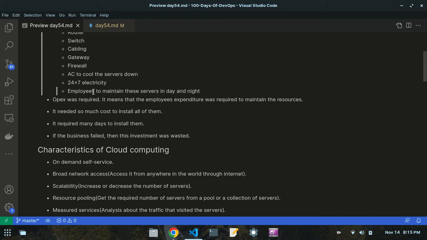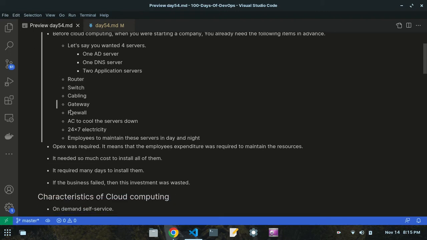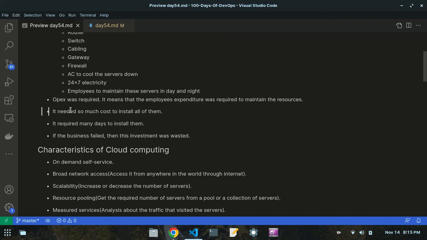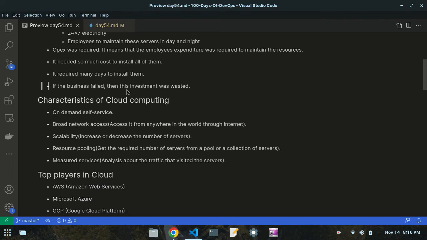So these were all the resources and the money that was required before cloud computing, and you had to do this in your house to start your company. It needed so much space and cost to install all of them, and it required many days to install them. And if the business failed, then this investment was wasted.